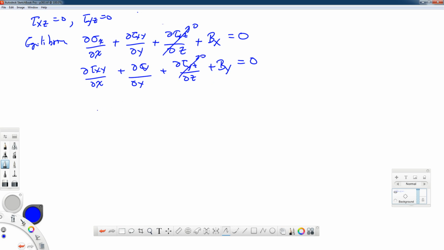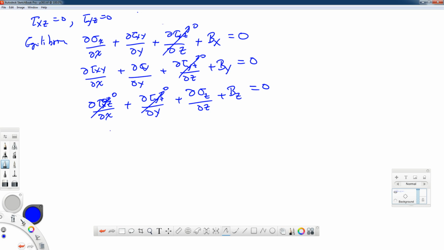And our third equilibrium equation is worth a little bit careful look as well. We would have the partial derivative of tau xz with respect to x plus partial derivative of tau yz with respect to y plus the partial derivative of sigma z with respect to z plus a body force term in the z direction equal to 0. Now these two terms being 0, what we're left with is partial derivative of sigma z with respect to z.